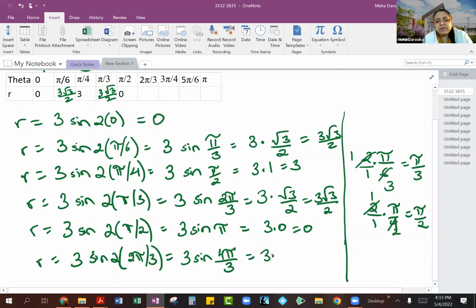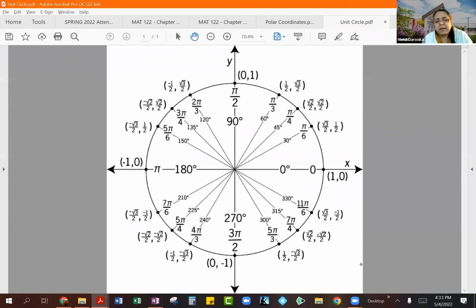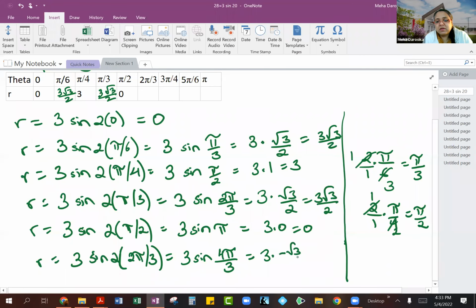So that will be 3 times what number? So we are coming up with negative square root of 3 over 2. So now you will end up with negative 3 times square root of 3 over 2.